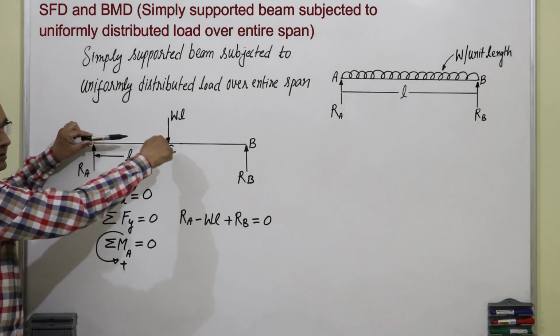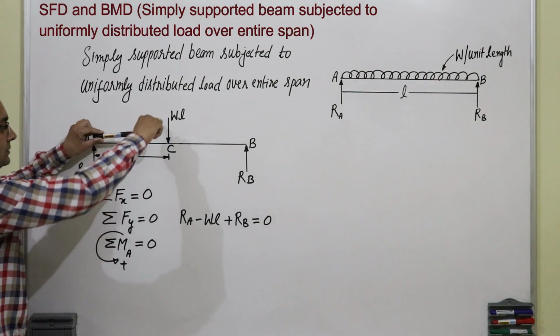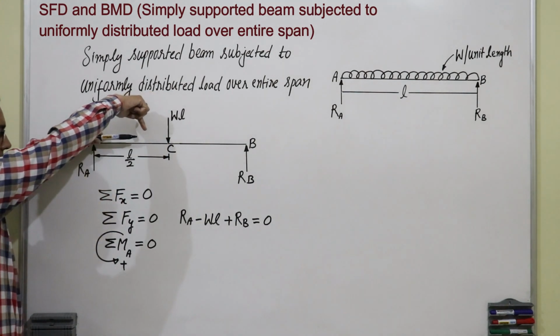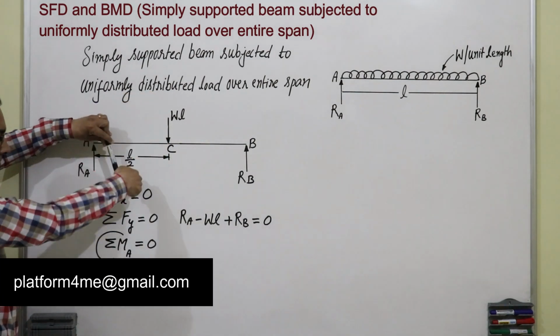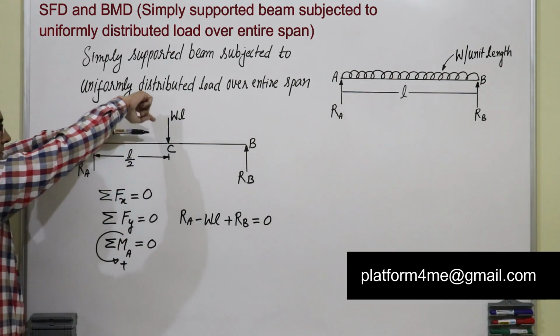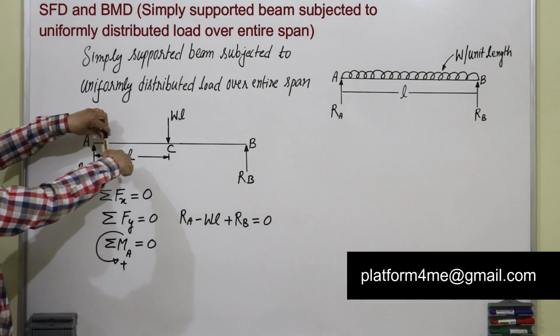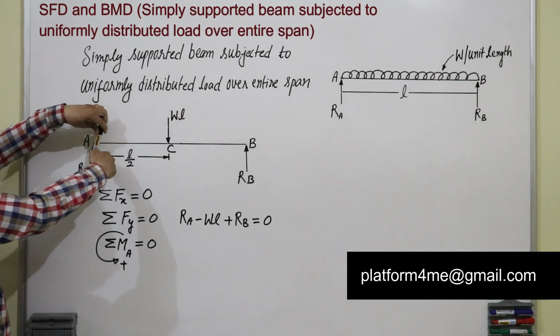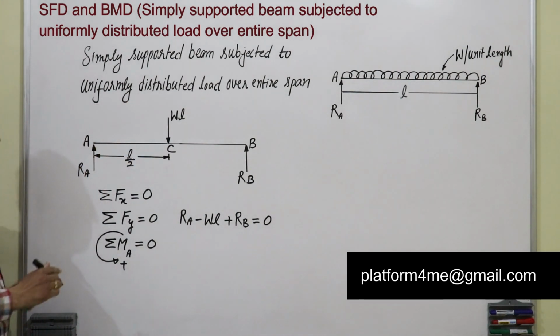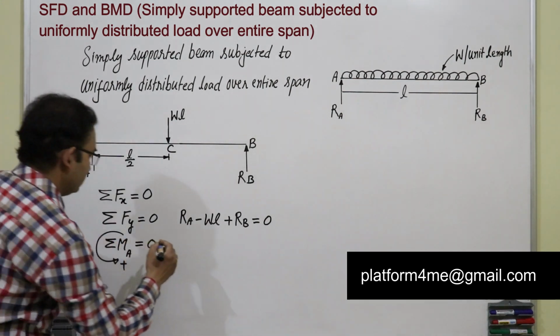Perpendicular distance is L by 2. So, this force will rotate this beam in this direction. This is like this and this is perpendicular distance. It will rotate like this. This is in clockwise direction. So, it will be negative moment.